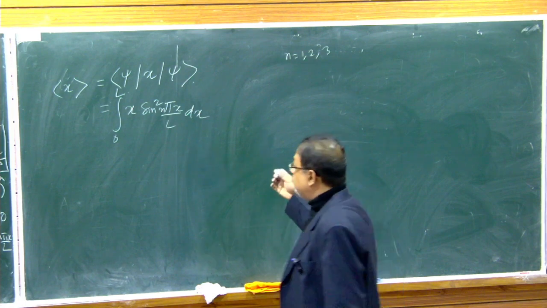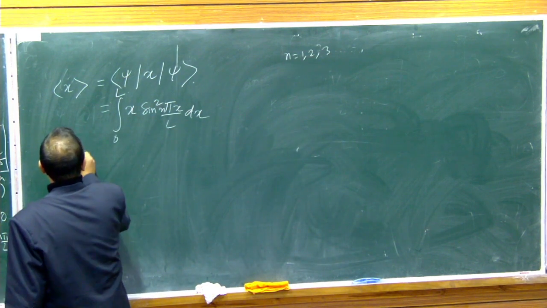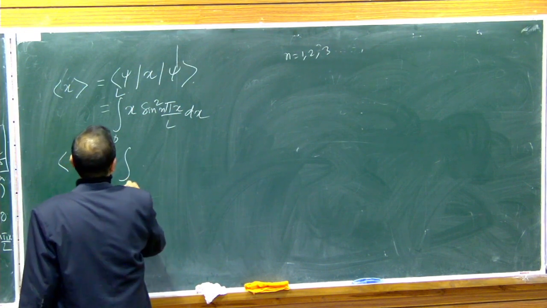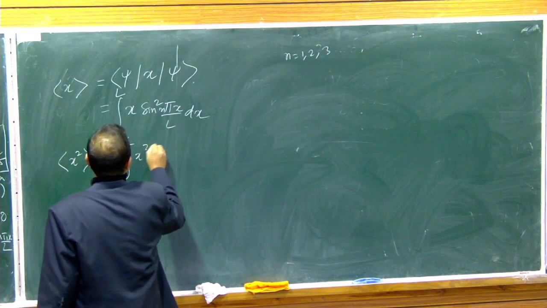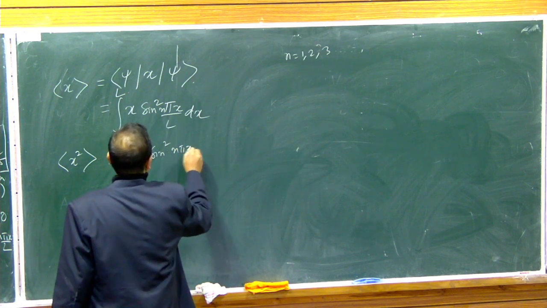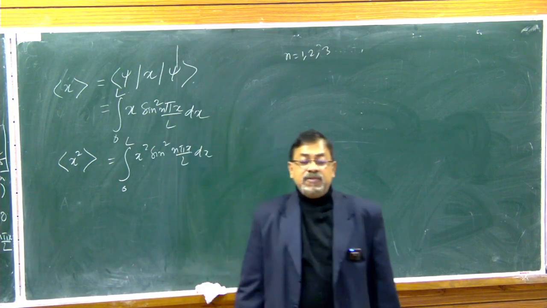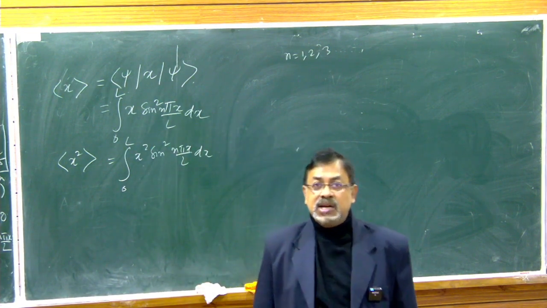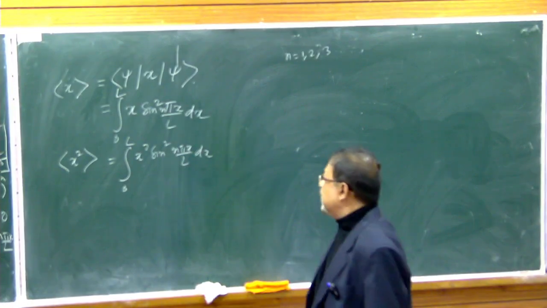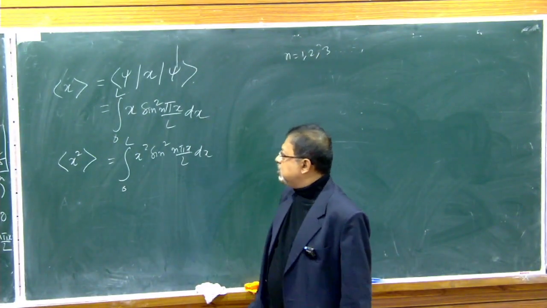I'll not solve it for you, but please do that. Similarly, you can calculate x square, which is the integral from 0 to L of x square sine square n pi x by L. The problem could be simplified further if someone tells you that the particle is in its ground state, which means you put n equal to 1.